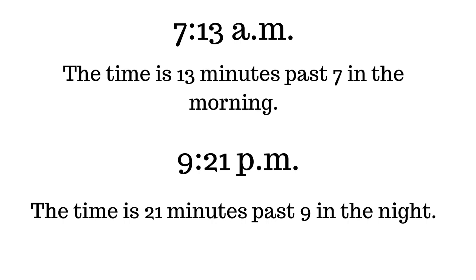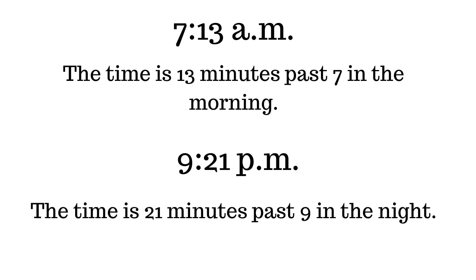Another example is 7:13 a.m. The time here is 13 minutes past 7. So we will look at the right hand side. The number at the right hand side is 13. It's not up to 30. So you simply say 13 minutes past 7. And because it's AM, we already know that it is in the morning.